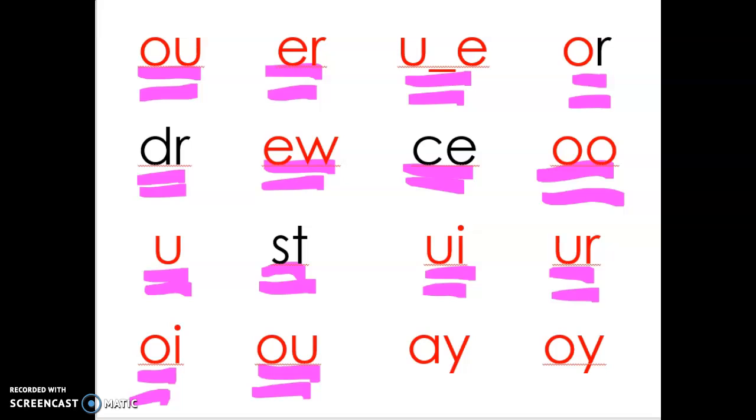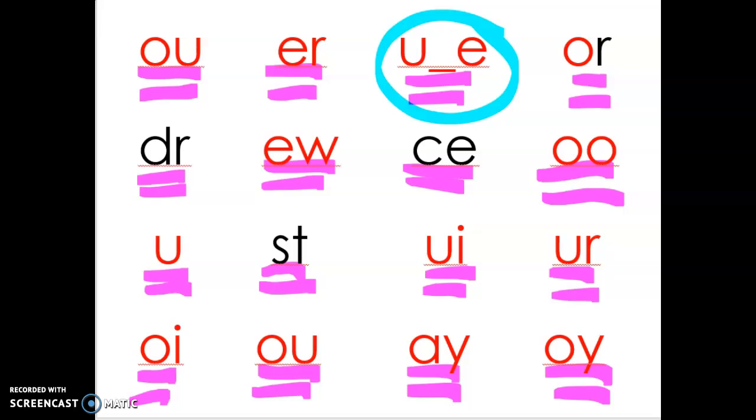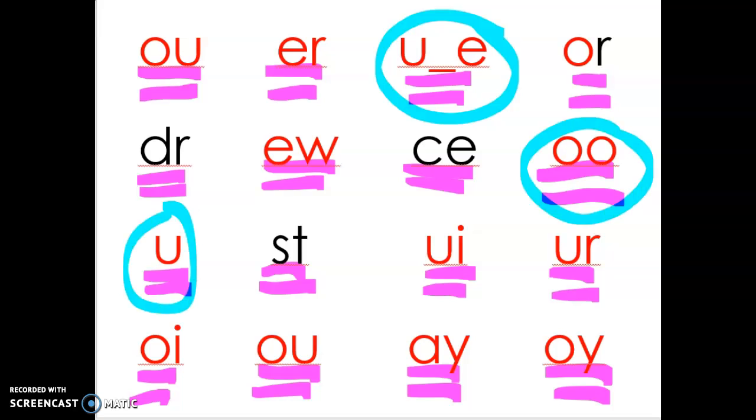Ow, ow. Now, as you notice, there were some sounds, like this one or this one, that we have other sounds for. Like usually this one would say you. This one we also learned in the book card. This one could say ooh or you. This week those sounds are going to say ooh, like in the spoon card.